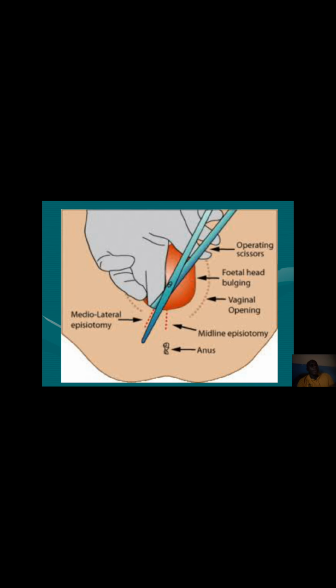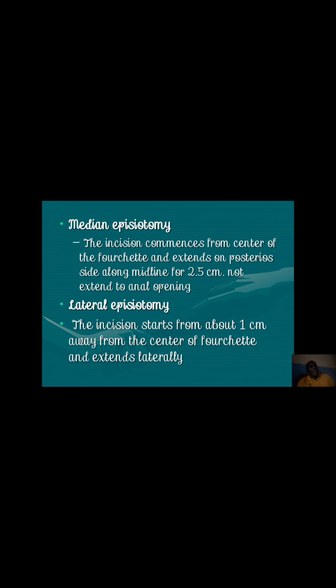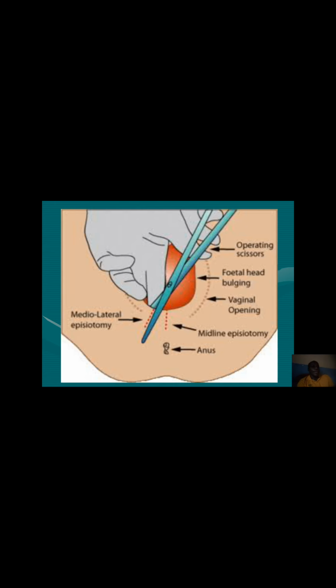But there are also lateral episiotomies. The incision starts about 1 cm away from the center of the fourchette and extends laterally. This episiotomy is done laterally, at the side, away from the midline.